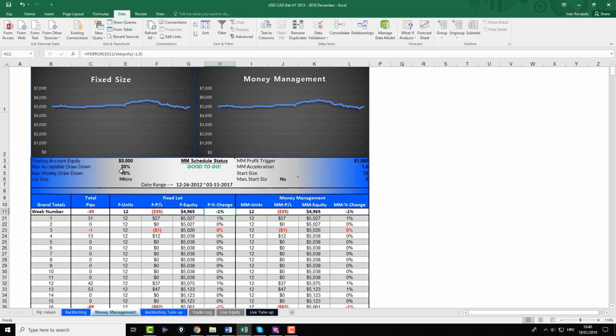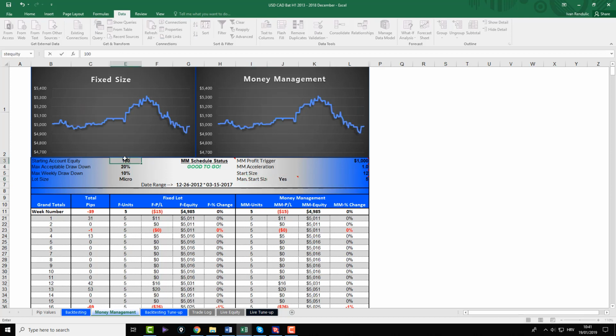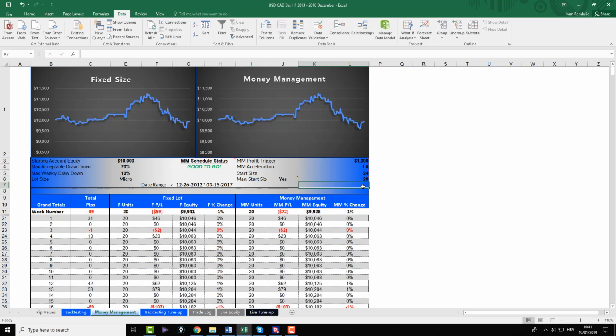My maximum acceptable drawdown was 20% and max weekly drawdown was 10%, my profit trigger $1,000, and starting size was 12, which is not 12 lots. It's actually 12 micro lots, so it's 1.2 mini lot. But I want to start with manual size, and let's play with this a little bit. So manual size, start size would be 20.